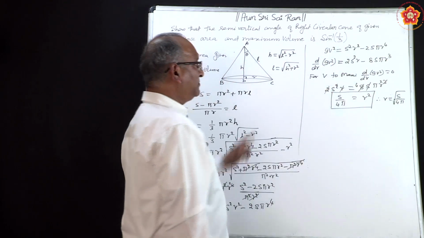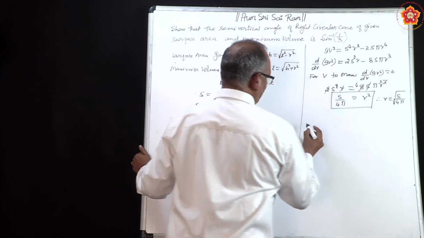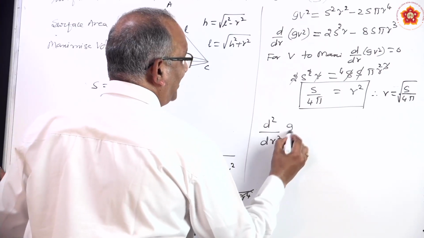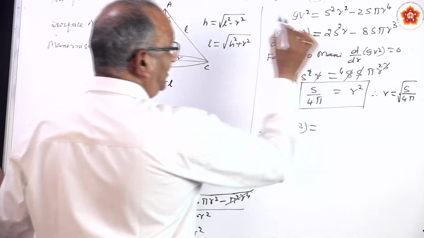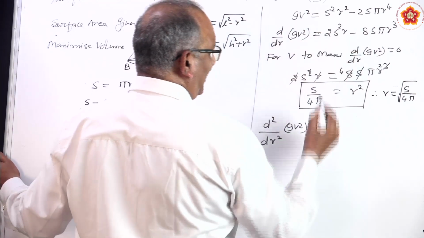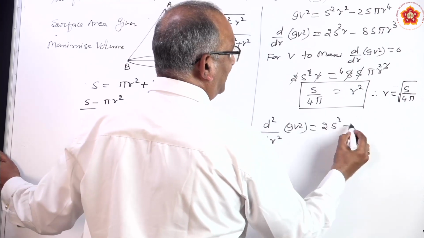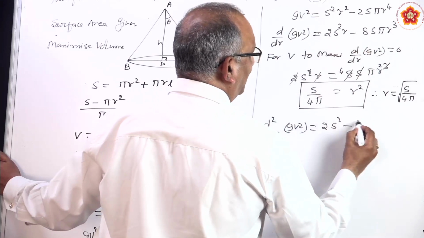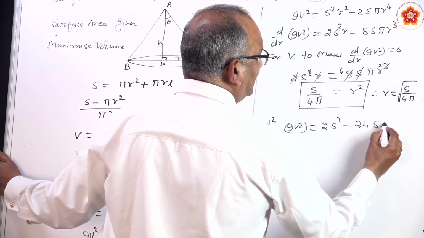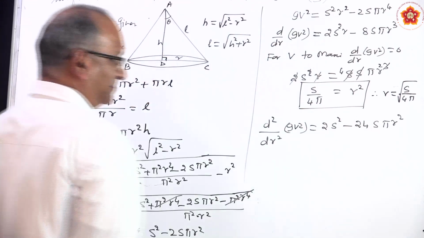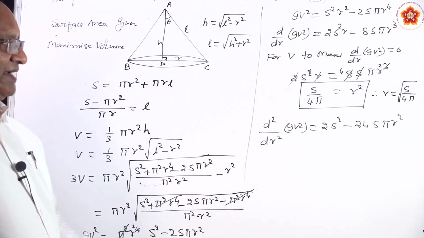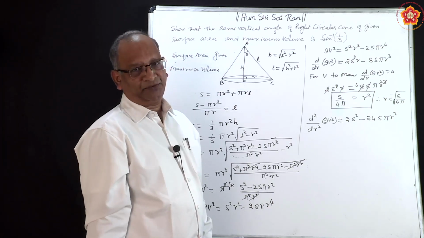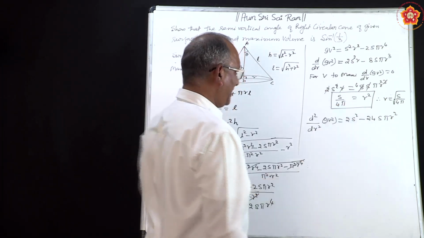Okay. Now come to the second derivative of this particular function. So it will be d2/dr square of 9v square. Directly do the differentiation. 2s square r, so it is going to be 2s square minus r cube derivative is 3r square. 3 into 8 is 24, 24s pi r square. This is the second derivative. How do you know that the second derivative is positive? Substitute value of r square.